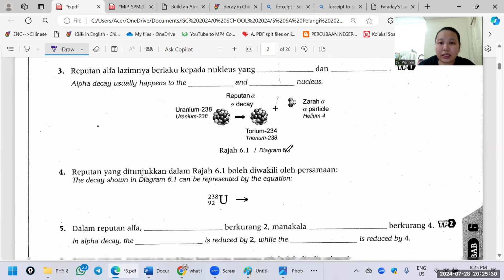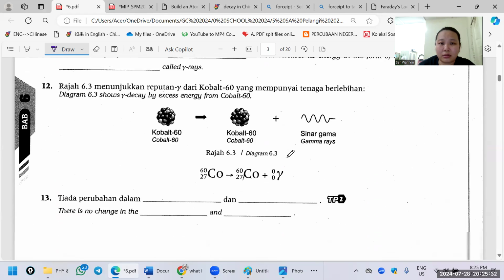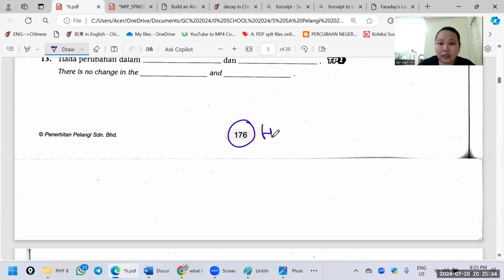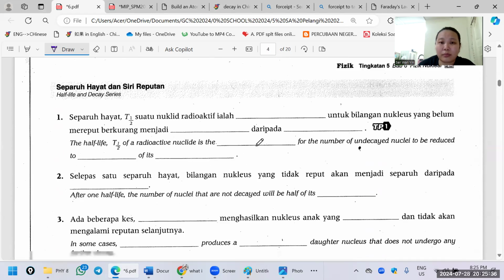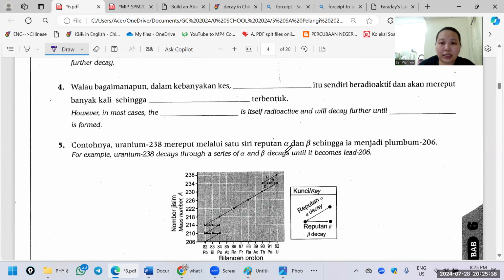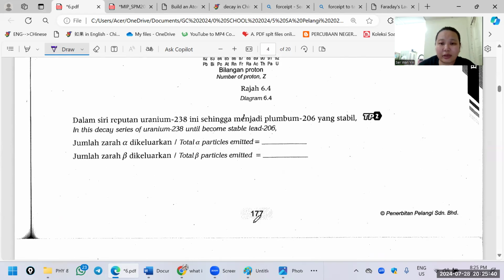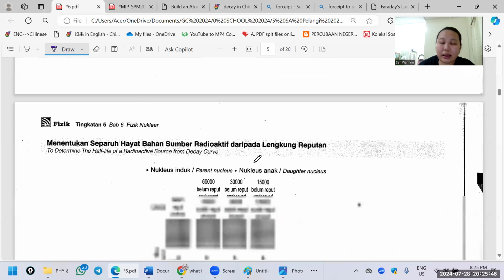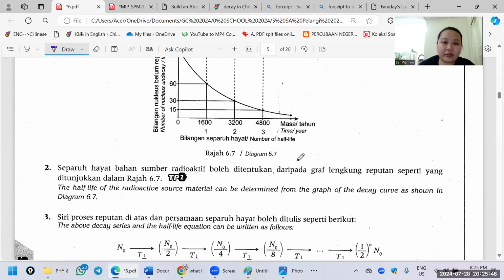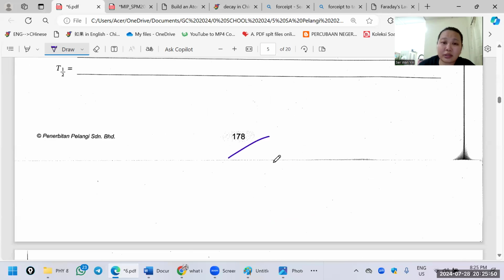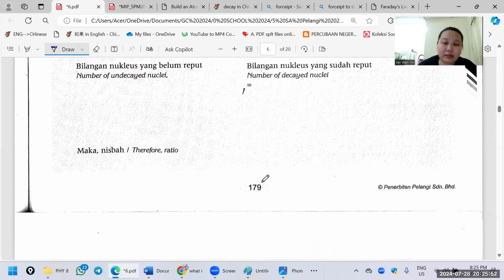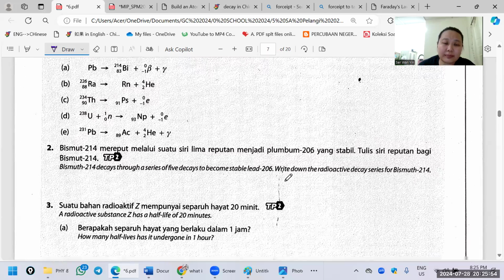Just copy and you will get it. 176, complete the sentence and you'll get the idea. Okay, half-life, you just preview. I think we can finish the half-life today. Okay, we skip half-life first.